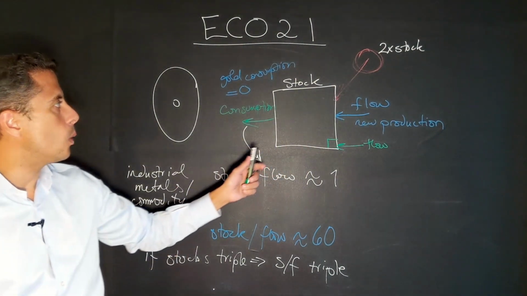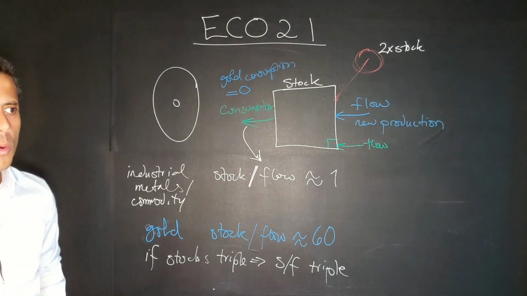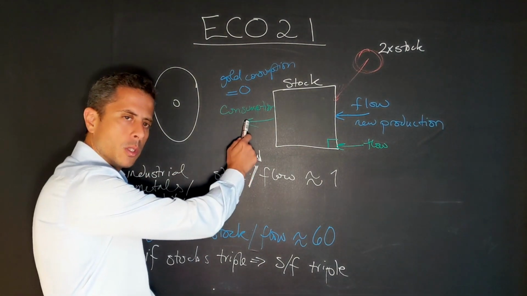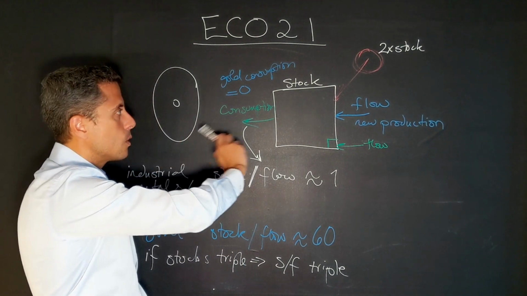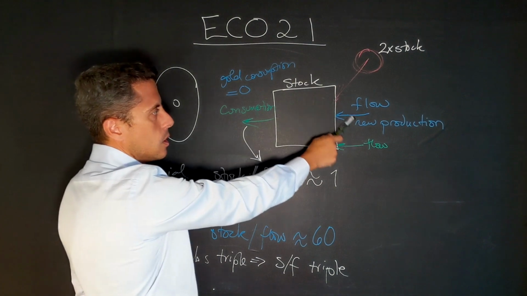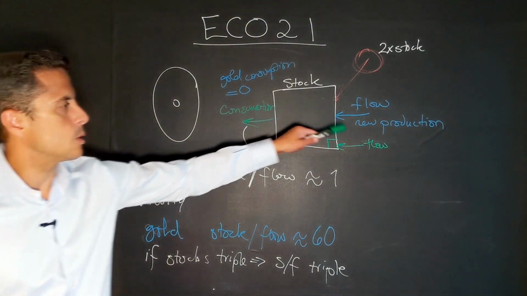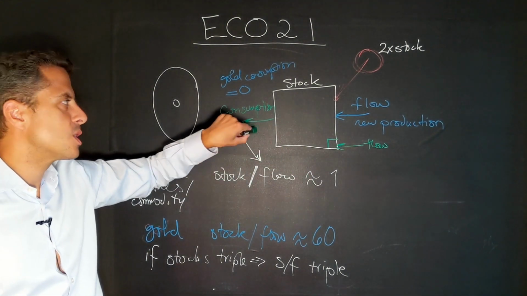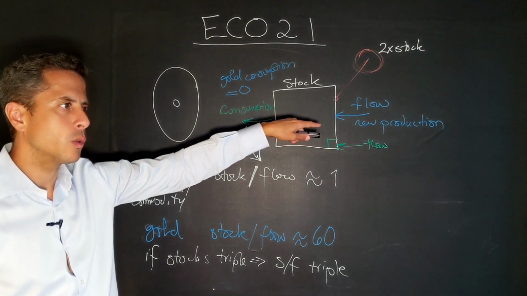So with gold, the fact that there's 0 consumption is what gives it the high stock-to-flow ratio. With Bitcoin, what we count on is the reduction in the flow to 0. It's not just that we have the consumption; we also have the reduction in the flow to 0, which is why you could say that Bitcoin has 2 ways of enforcing its high stock-to-flow ratio.